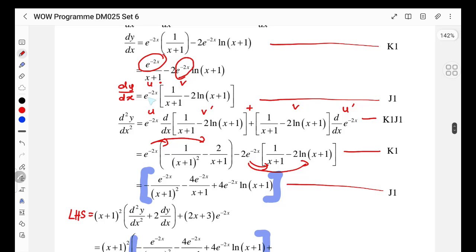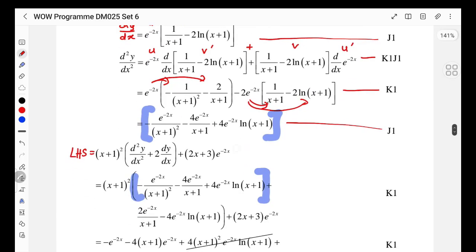So 2 times dy/dx, plus (2x plus 3) times e to the power negative 2x.